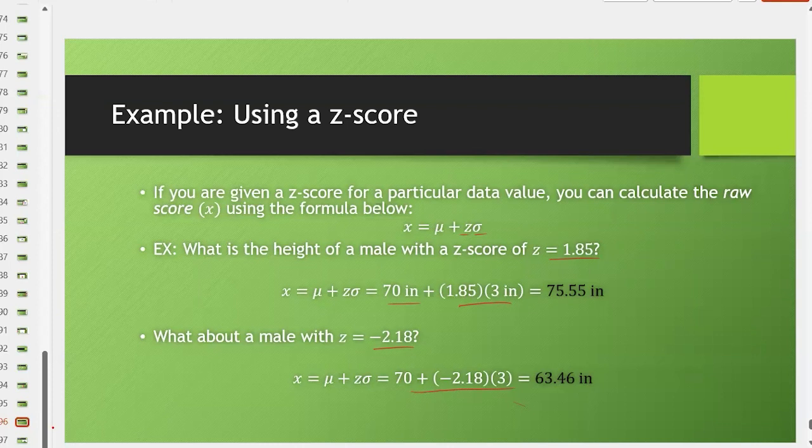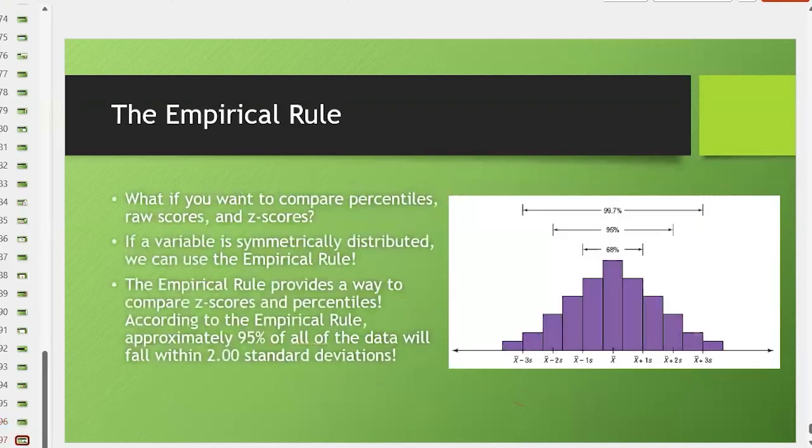Right? And the reason why all of this matters, the reason why z-scores are done, and the reason why we use all of this is because of something that happens to data when it's somewhat symmetric. And this is what's known as the empirical rule. If we have data that are symmetrically distributed, then most of our data is going to fall within one standard deviation of the mean.